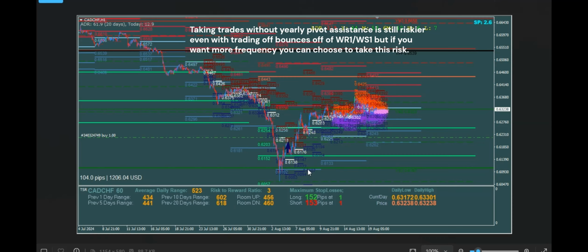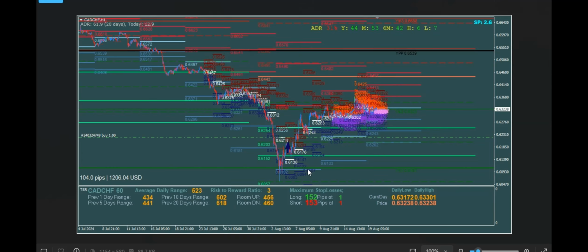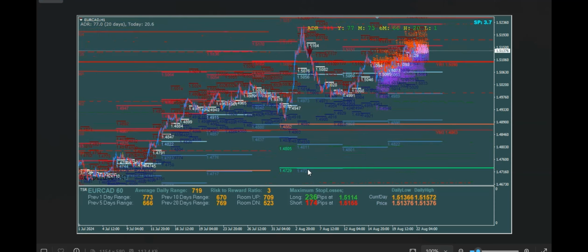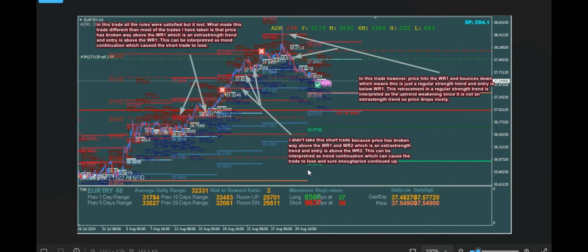So bounces down from the weekly R1 or bounces up from the weekly S1. I believe that we can still take those trades. And I've taken some trades without the help of the yearly pivot, and they performed well. Case in point, the Euro TRY, right? This did not have the yearly pivot help, yet it did very well. Okay.